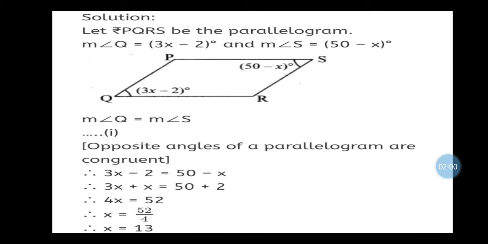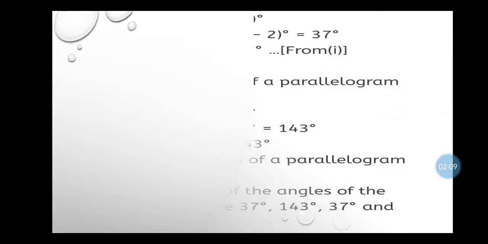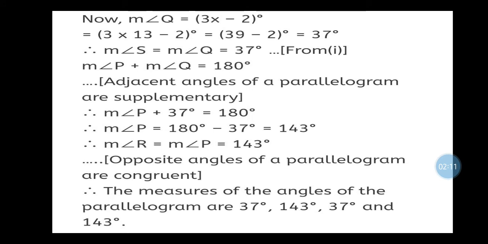Now we will be substituting the value of x in 3x minus 2 and 50 minus x to get the value of the angle. Now measure angle Q is equal to 3x minus 2 degree. Substituting the value of x as 13, we get 3 into 13 minus 2 degree. 3 into 13 we will get 39. 39 minus 2 is equal to 37 degree.